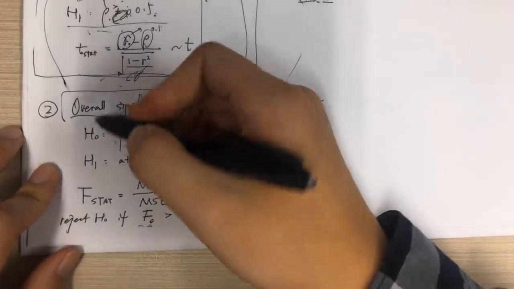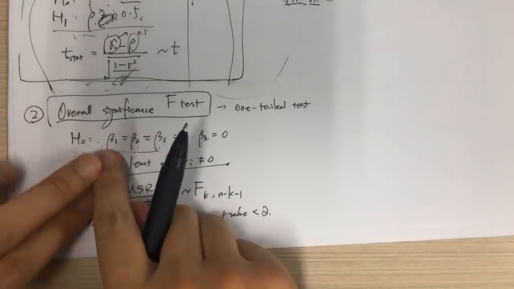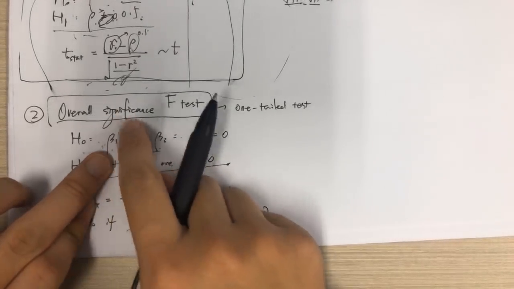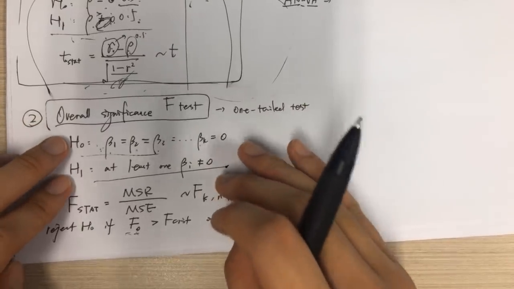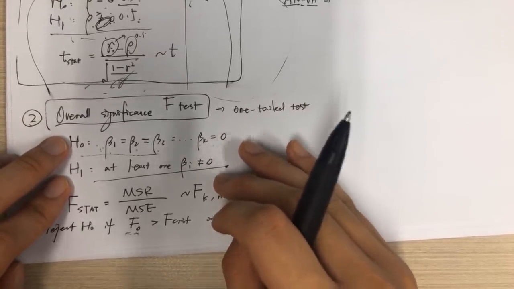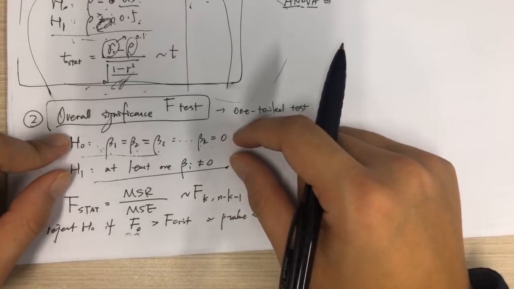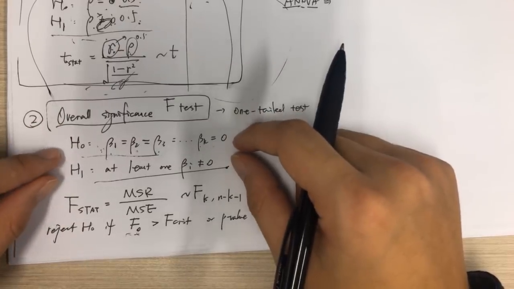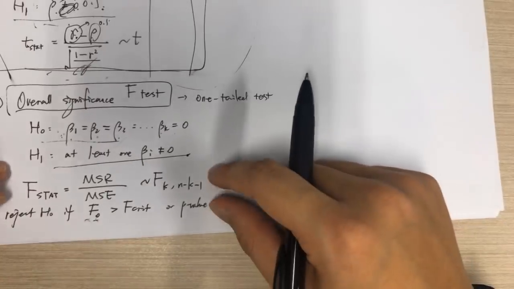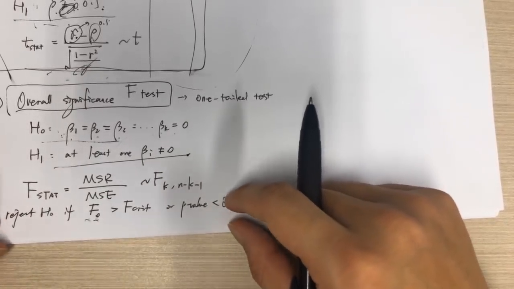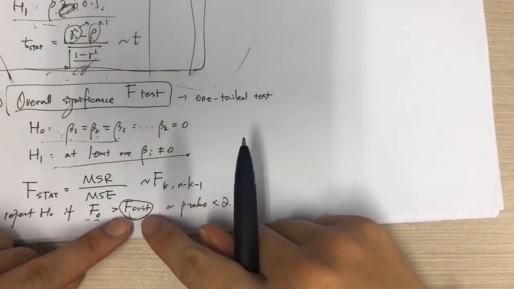You need to know the null and alternative hypotheses, and make sure you're making hypotheses on betas instead of beta hats. Every simple mistake can make you lose marks in your final exam, so you need to write exactly the same format as this one to get full marks, and also how to calculate the F statistic and what your decision rules are. The critical value can be easily found in the F tables.